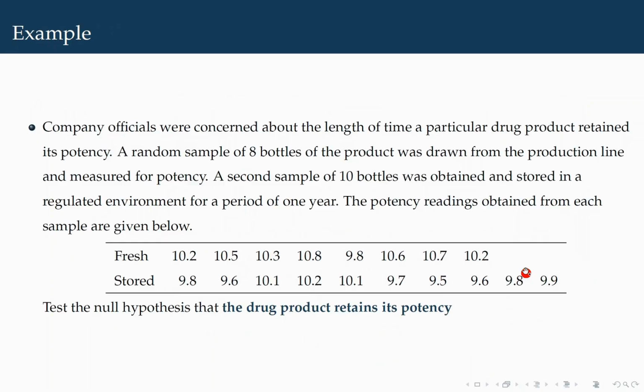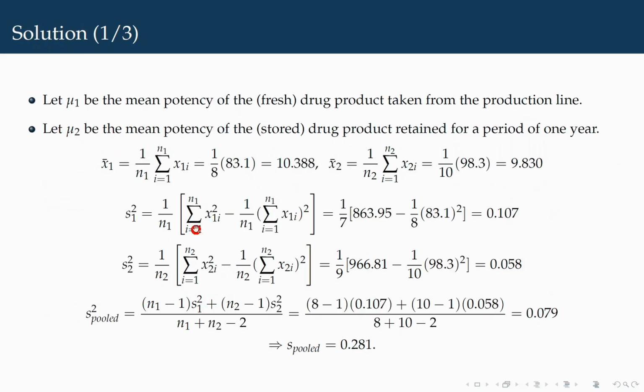Now here there is nothing said about the variances between the two groups. Therefore, by default we will consider the homogeneous variance assumption, or we will assume that the two groups have the same variance. Then based on this assumption, we need to obtain the pooled sample variance.